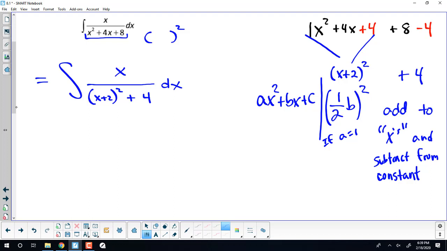New substitution, right? If we now let u equal x plus 2, notice we don't have a u as a quadratic, so we can solve really straightforwardly for x. du is dx. Our substitution implies that the x on top is going to be u minus 2.